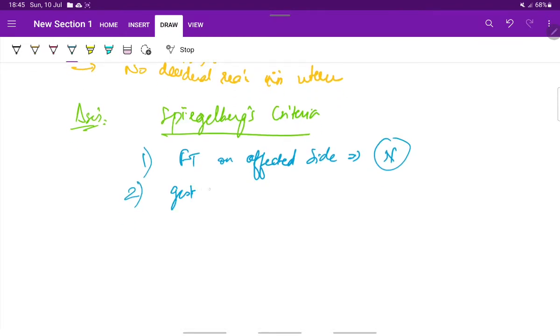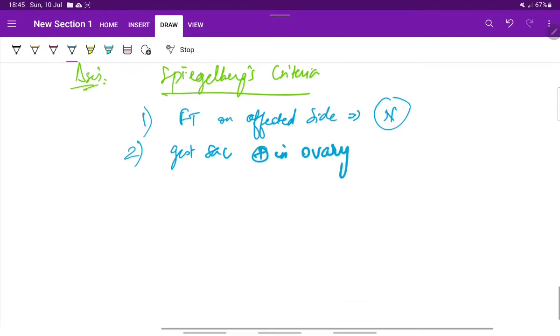Then the gestational sac should be present in the ovary, and there should be no separate ovary on the affected site.